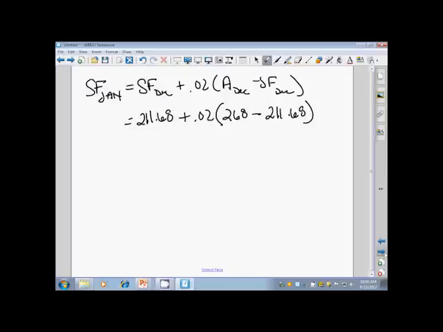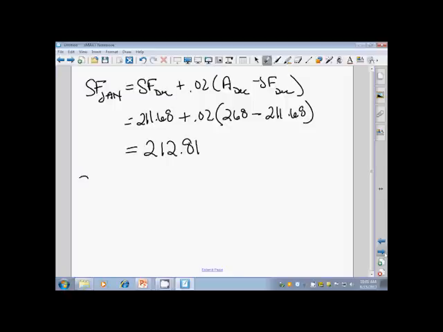I can now plug into my calculator 268 minus 211.68 times 0.02 plus 211.68, and I should get 212.81. So that's my smooth forecast for January.